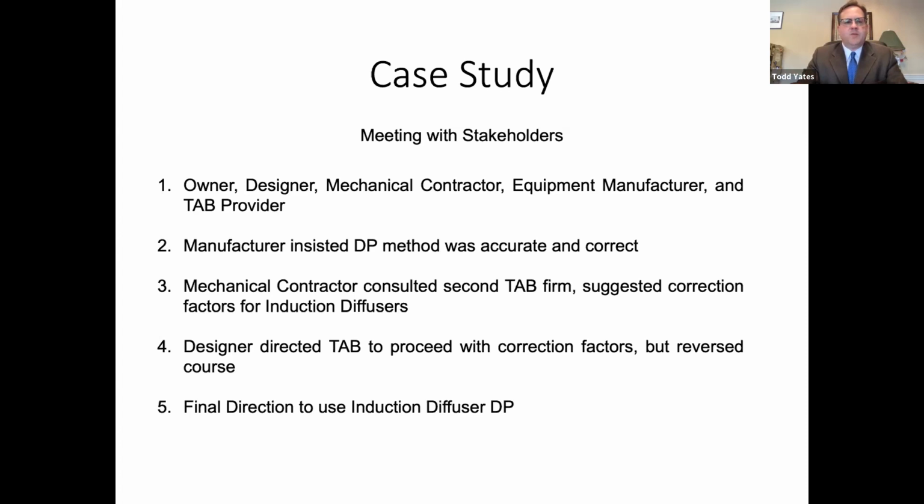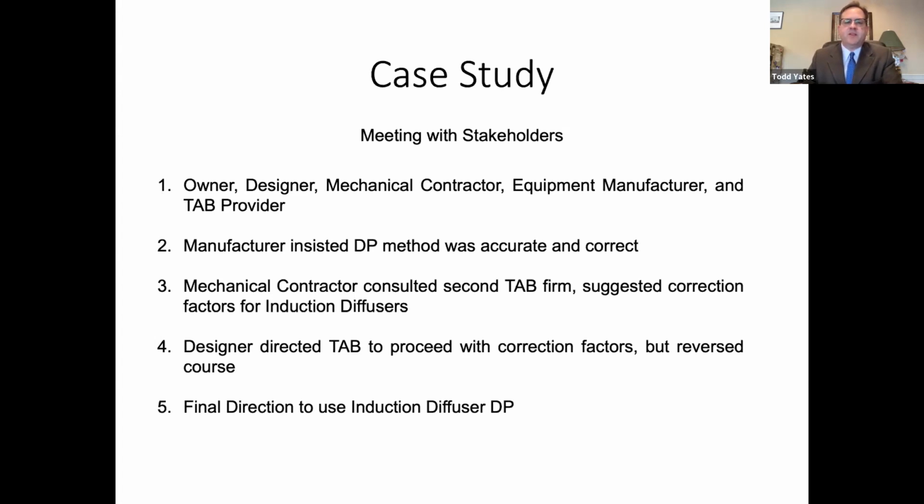So we had a meeting with the owner, the designer, the mechanical contractor, the equipment manufacturer, and us. Well, the manufacturer insisted that the DP method was accurate and correct. He didn't really give us any other information about having run into this problem on similar projects, just that their literature was correct and this is what we should do, and that was the only way it would work.